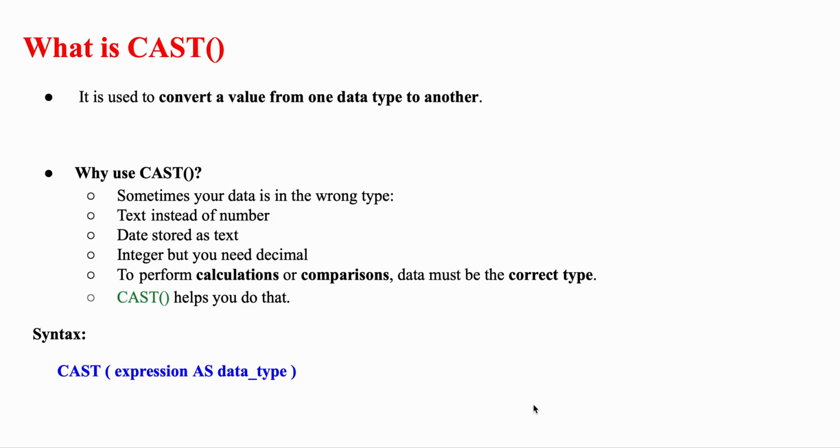And to make these changes, you use the cast function. It helps you ensure the data is in the right format for whatever operations you want to perform. And the syntax is simple. You just write cast and tell SQL what type you want to convert to. We'll see this in action next.